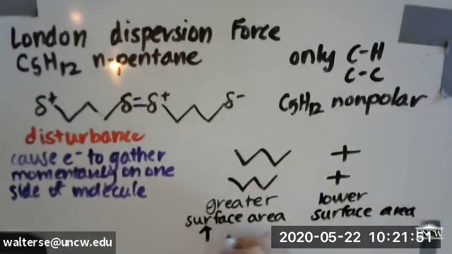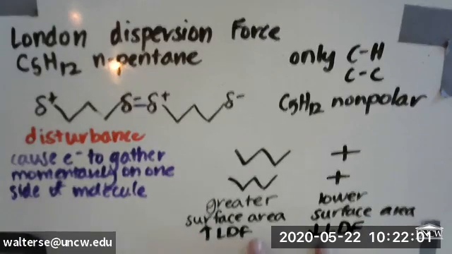This will have the higher London dispersion force. This will have a lower London dispersion force. The strength of the attraction gives you information about the energy required for a phase change. The stronger the interaction is, the higher the melting point will be, and the higher the boiling point will be.